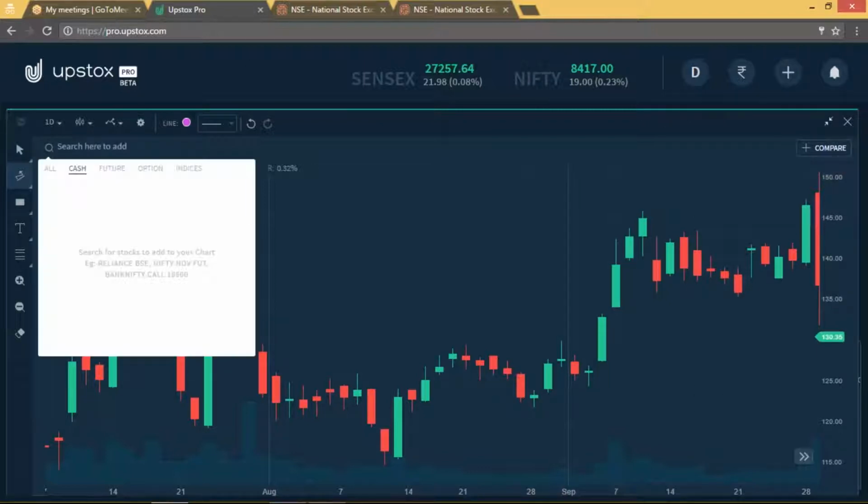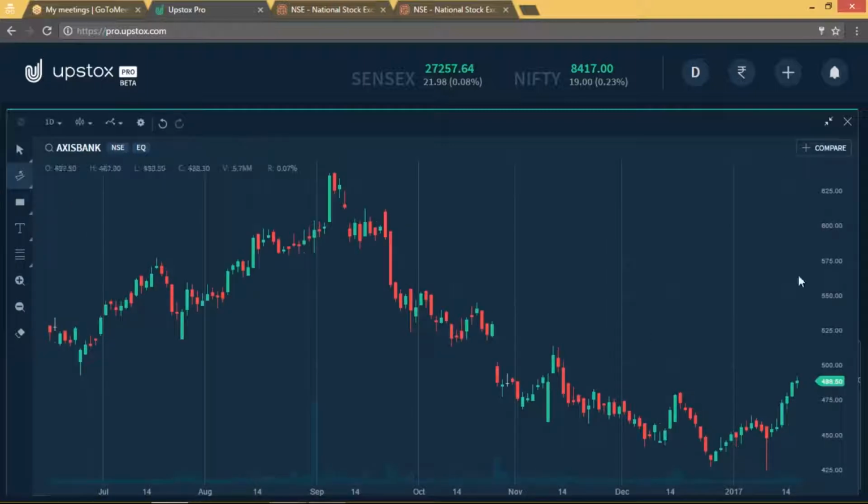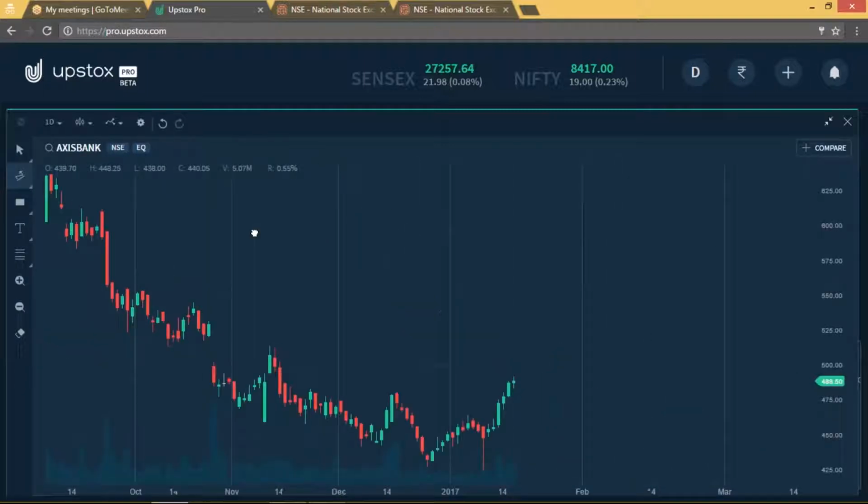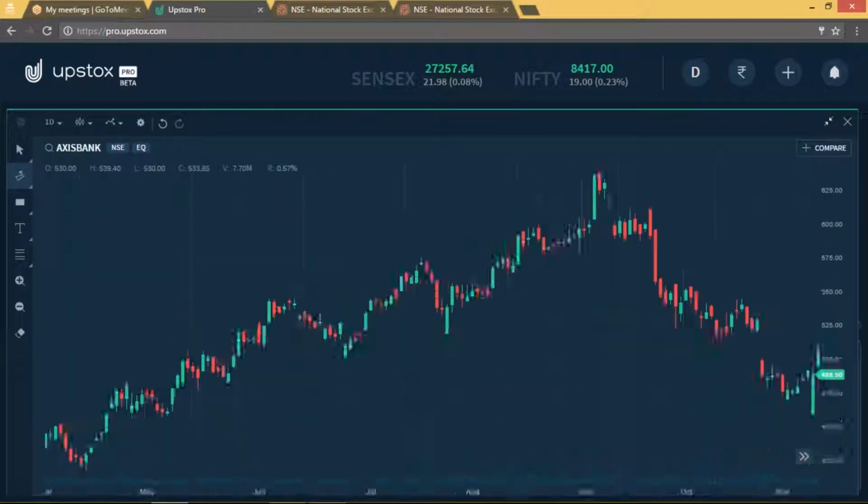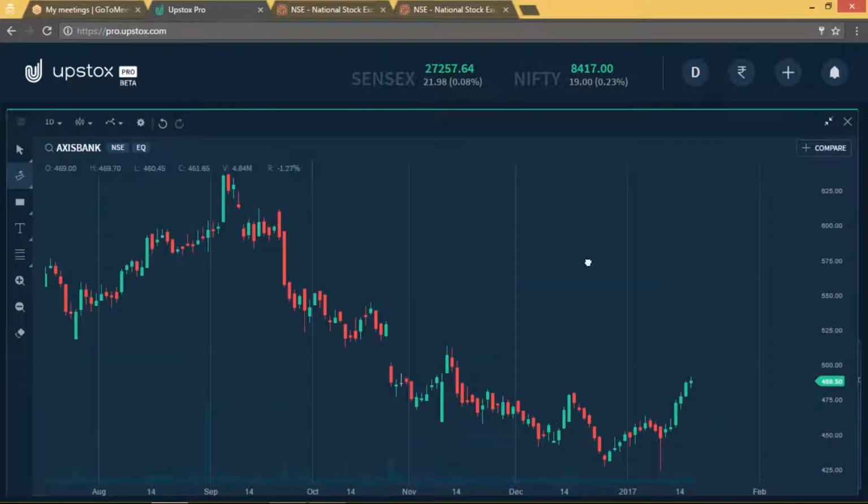Okay, somebody said Axis Bank, right? Let's take Axis Bank. So Axis Bank, this swing low. Here we would have had a trade.